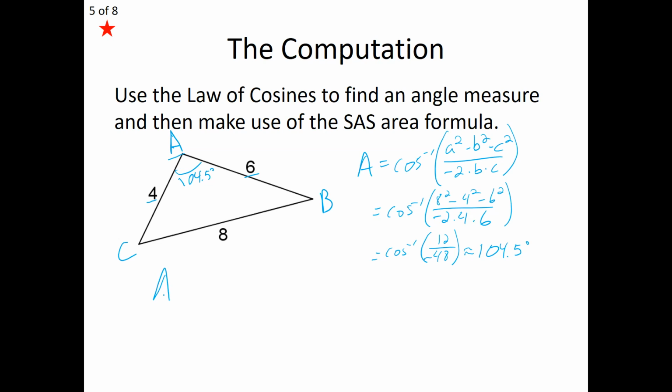So I can use the area formula for side-angle-side, which is 1/2 side 1 times side 2 times the sine of their included angle alpha. Let's plug in what we know: 1/2 times 4 times 6 times the sine of 104.5, and evaluating that, we roughly get the area to be 11.62.